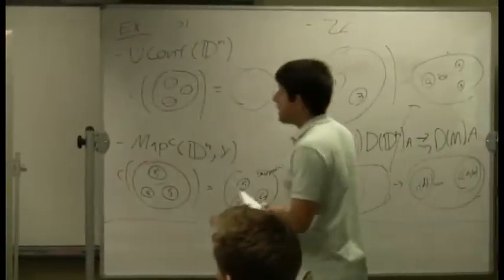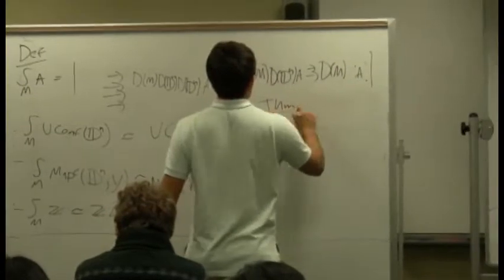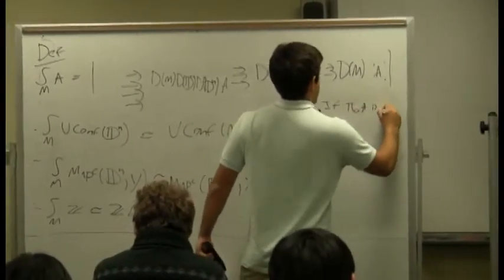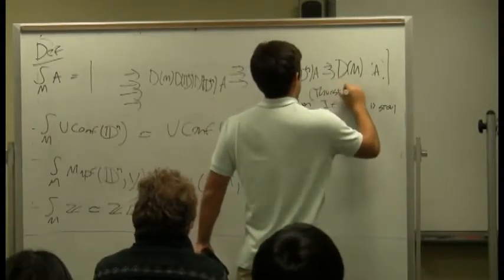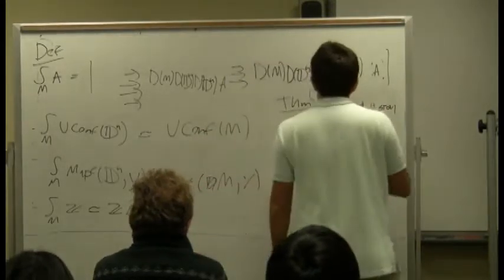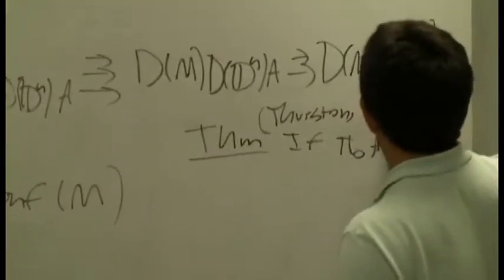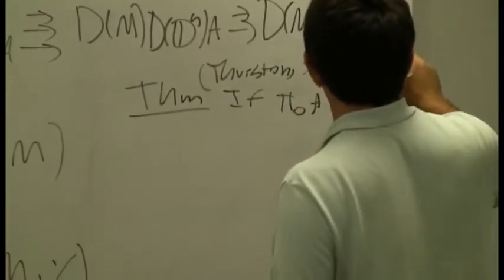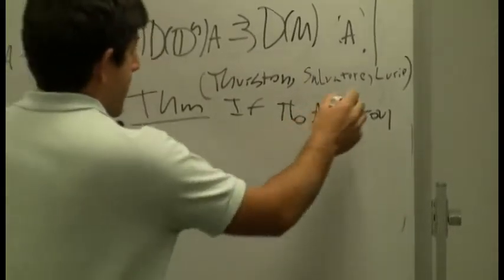Yeah, and then we get a theorem. If pi 0 of A is a group, this is a theorem in some sense due to Bill Thurston and his work in foliations, Paolo Salvatore, and Jacob Lurie.